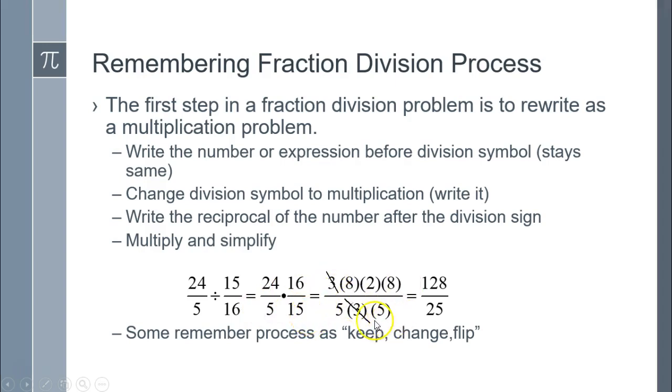I factor and reduce, and notice the 8's don't go away this time. They both end up on the top. But I can reduce a 3, and 8 times 8 times 2 is 128. 5 times 5 is 25. Typically with numbers we do multiply out what's left on the top and bottom, but when we're working with rational expressions, with algebraic expressions, we usually leave it in factored form.